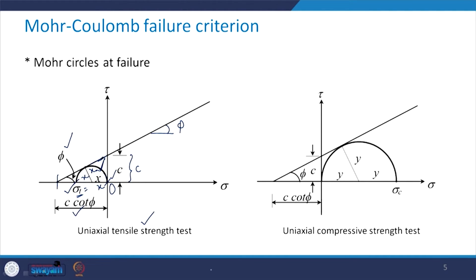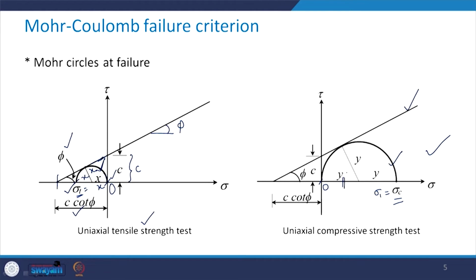Now take a look at the other figure, which is for the UCS test. In case of the UCS test, the value of sigma 1 is going to be equal to sigma c, which is the uniaxial compressive strength, and sigma 3 is equal to 0. Obviously, because it is on the positive side, the Mohr-Coulomb failure envelope is valid in this case, which will be tangent to the Mohr circle at failure, representing this state of stress.